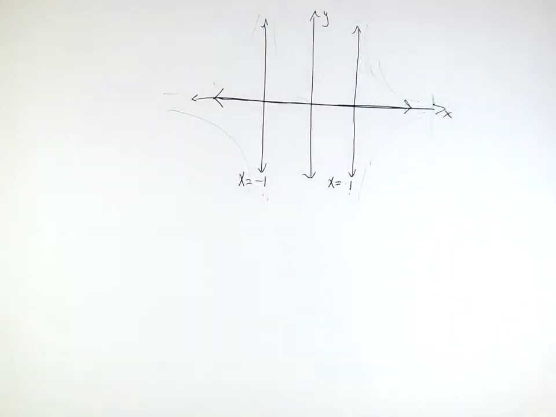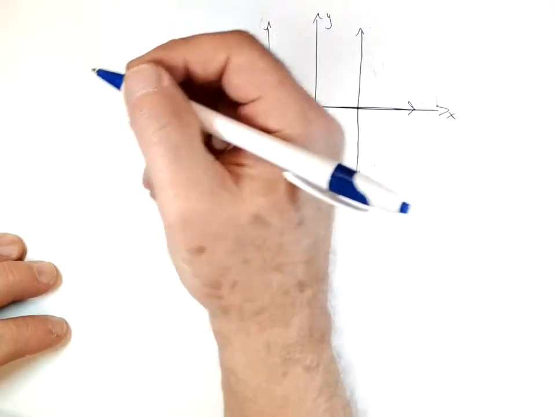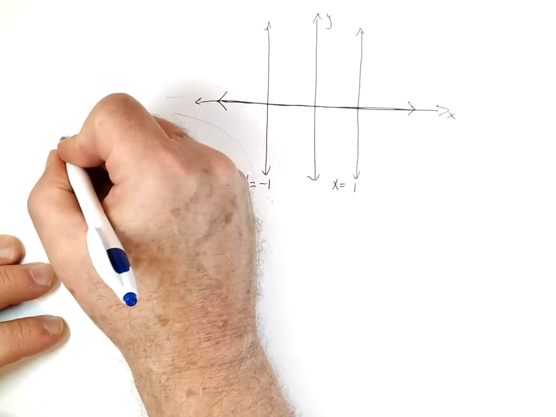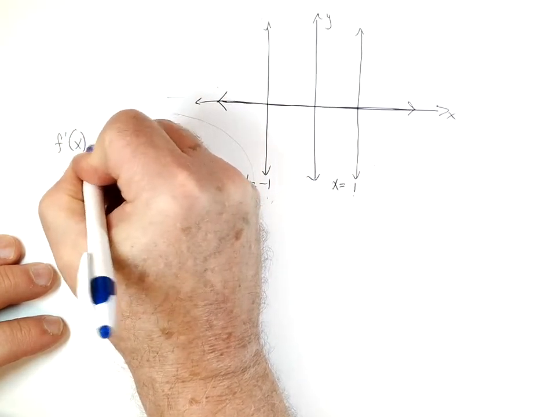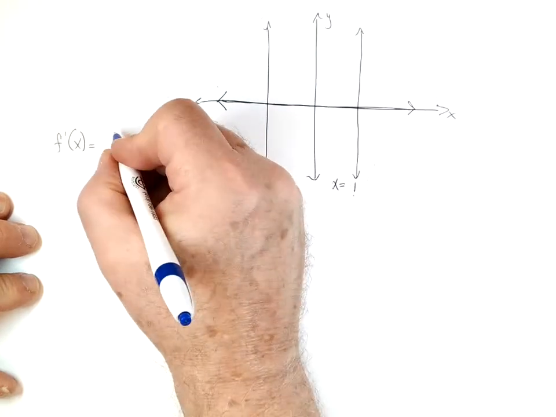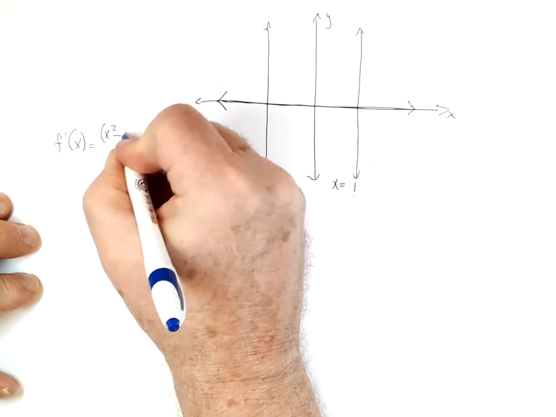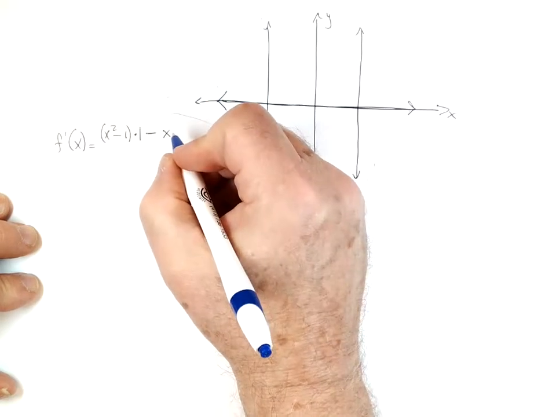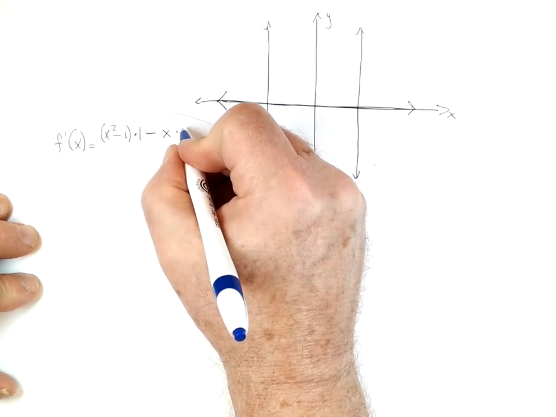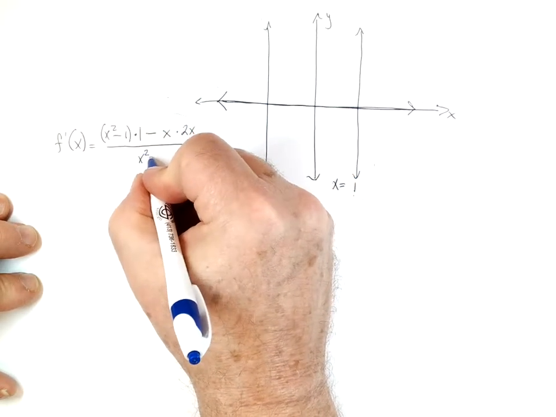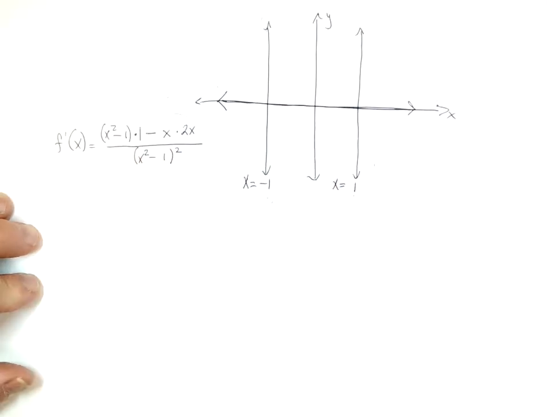So let's do it. First derivative. And like I said, these get a little nasty, but just hang in there. We can do it. First derivative is equal to, and I'm doing x over x squared minus 1. Quotient rule: denominator times the derivative of the numerator minus numerator times the derivative of the denominator, all over denominator squared.